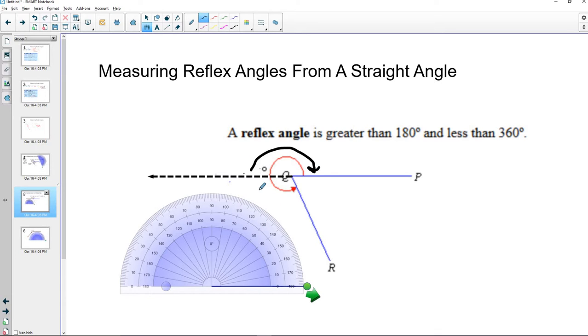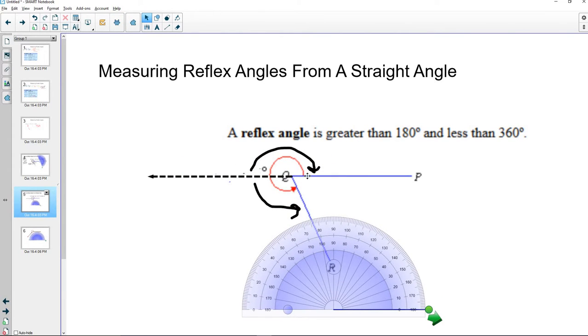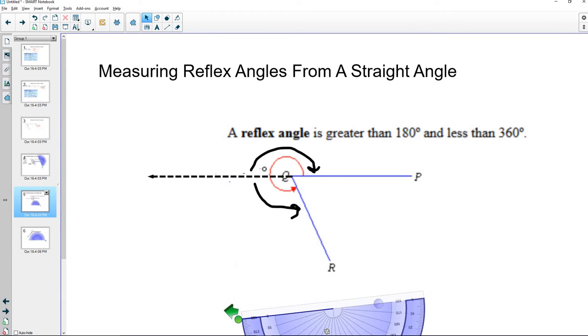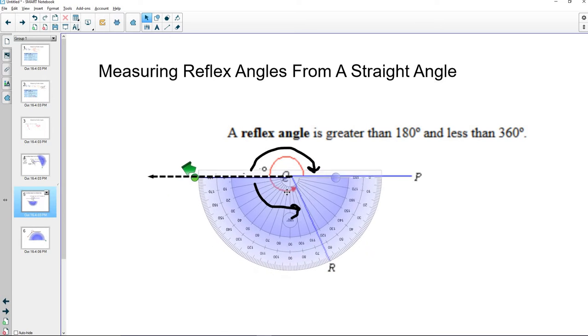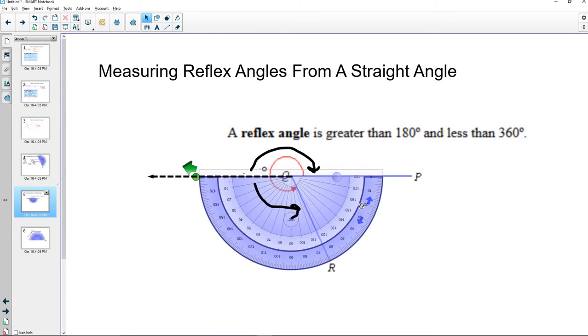And in addition to this straight angle, I'm going to add this angle here, which should equal the full length of the reflex angle. So let's have a look now. I'm going to place my protractor on the line, line it up again like I did before, and then from the 0, so the 0 is here, I'm going to measure to the R. So it's 115.